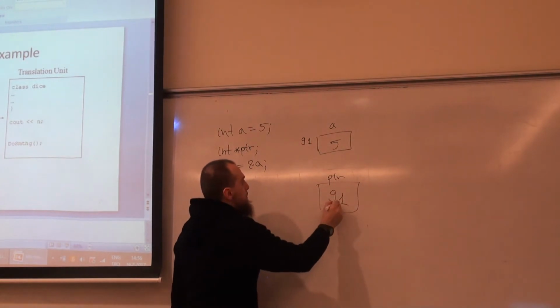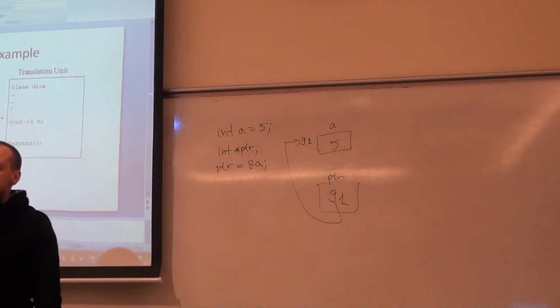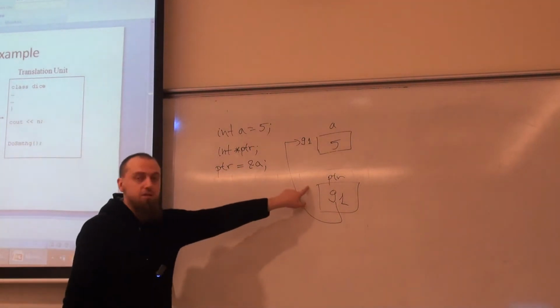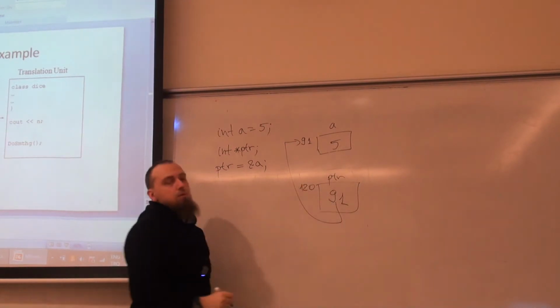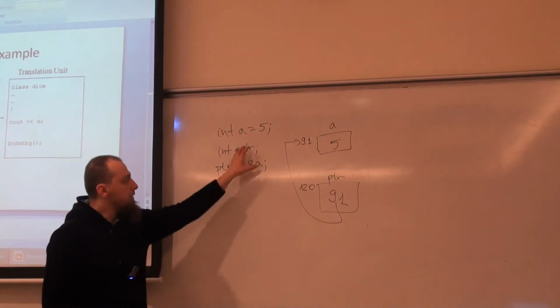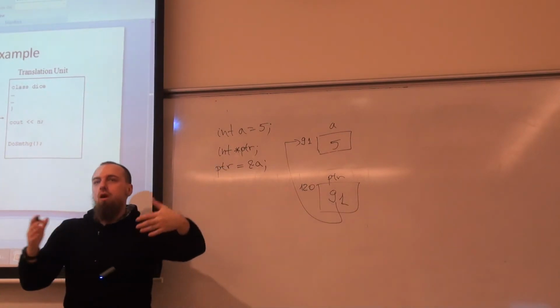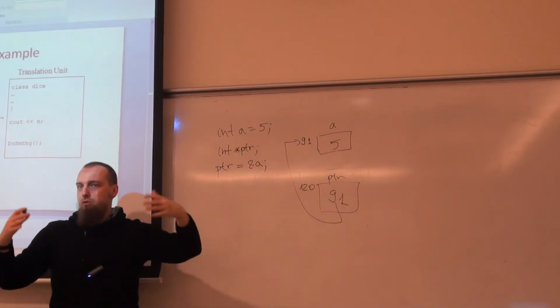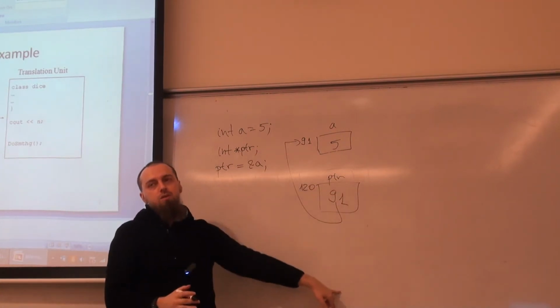And basically this pointer is pointing here. Of course, this has its own address as well. It might be like 120. Everything that is allocated to memory has its own address, like every house in Istanbul or the world has its own address. Every piece of memory has its own address.